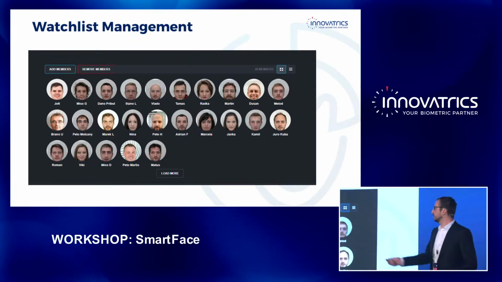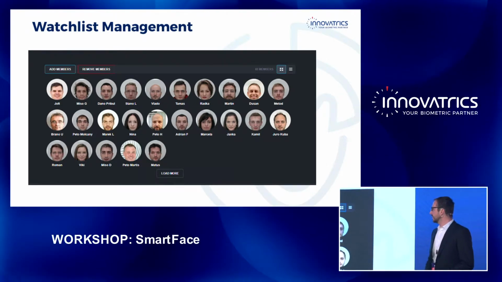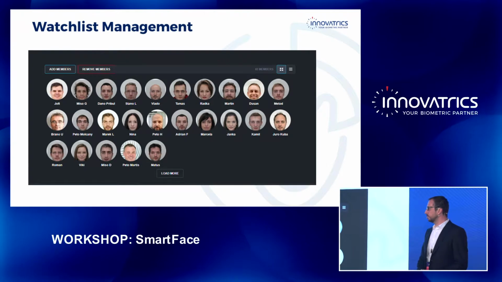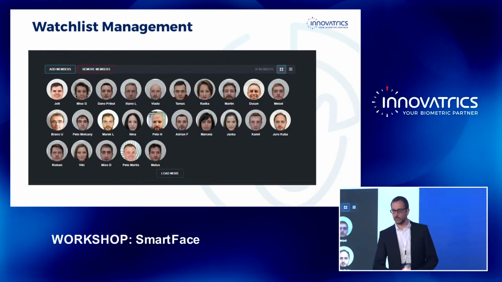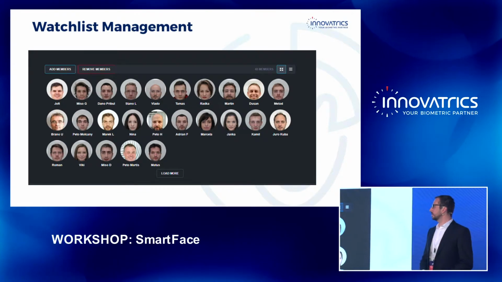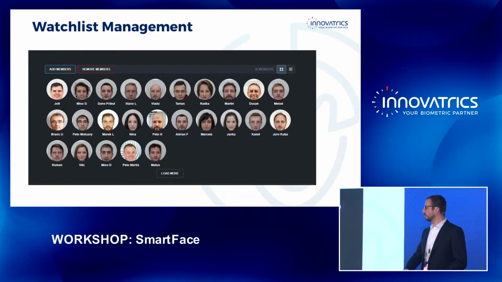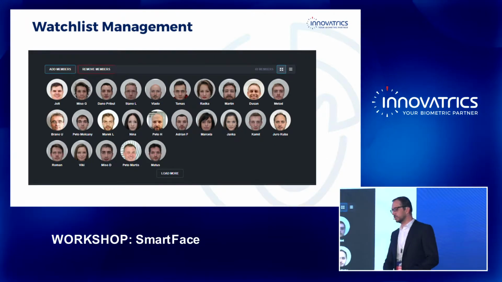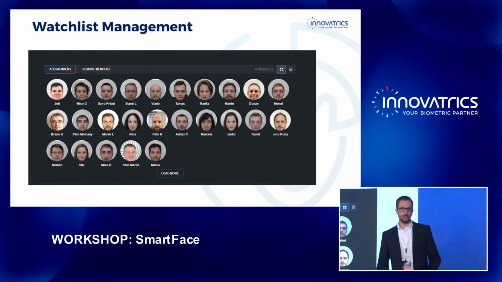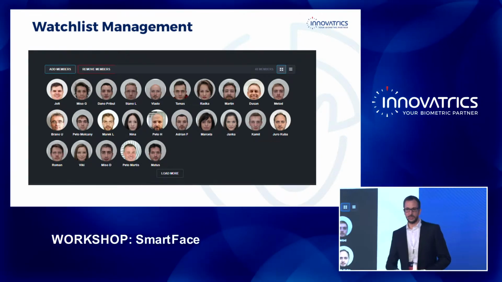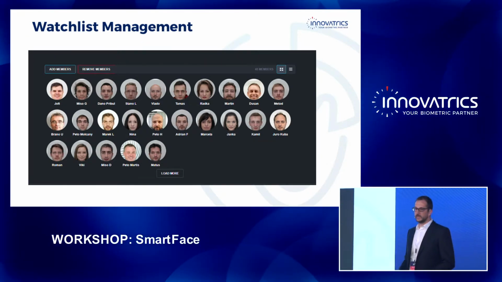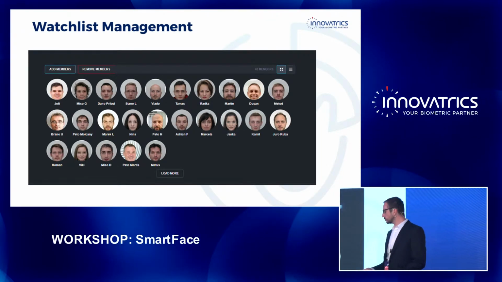You can do it via the interface. You can set up to hundreds of thousands of records in this watchlist. So SmartFace by itself is really powerful in these terms. Of course, for larger watchlists and larger deployments, as we already saw in the morning, it makes perfect sense if SmartFace is connected to ABIS.